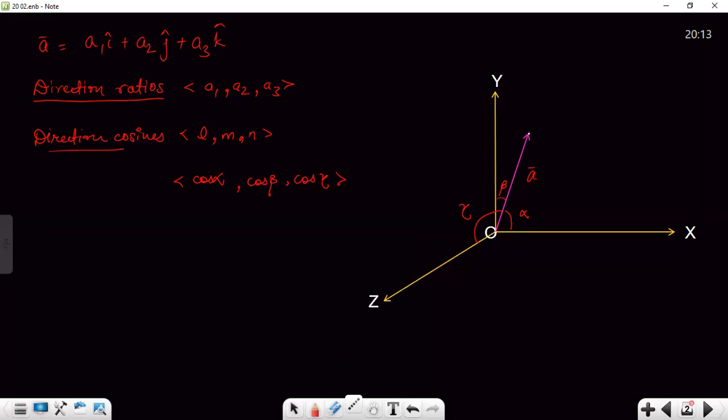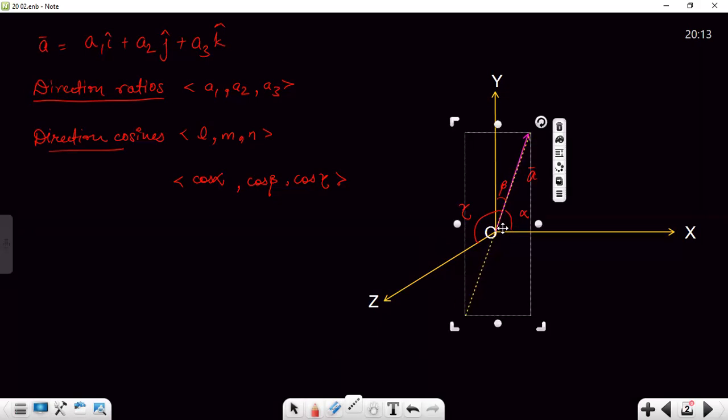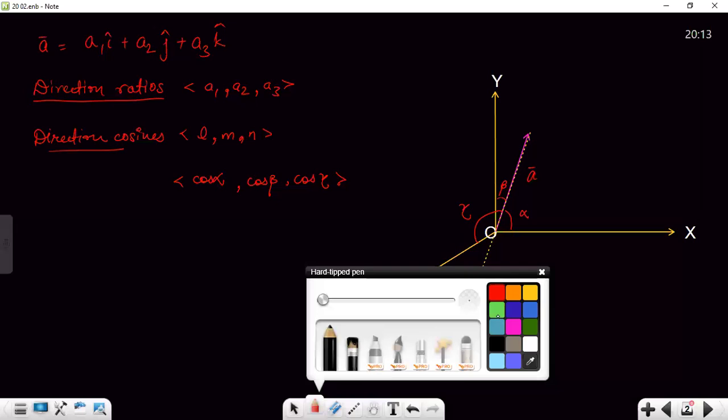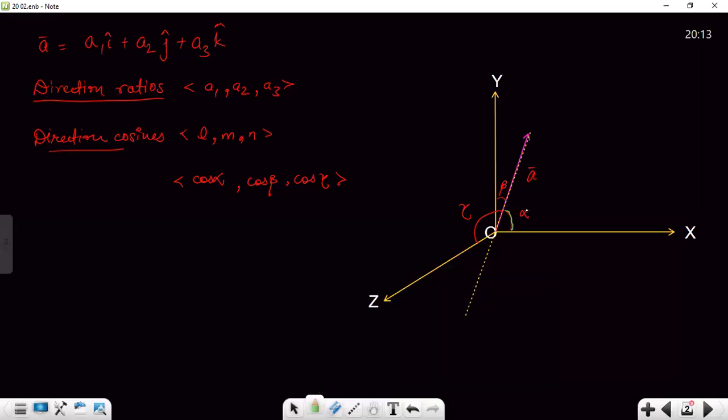Let me take this. So there's a line having the same everything. Its direction is the same. But this time, the angles can be drawn in two ways. One is alpha. Another way to draw the angle with the x-axis is this angle, which will be pi minus alpha.